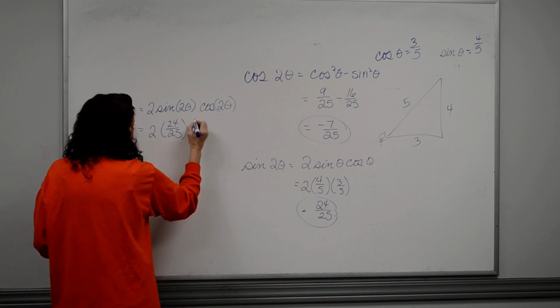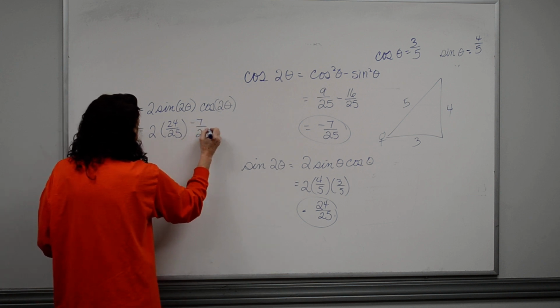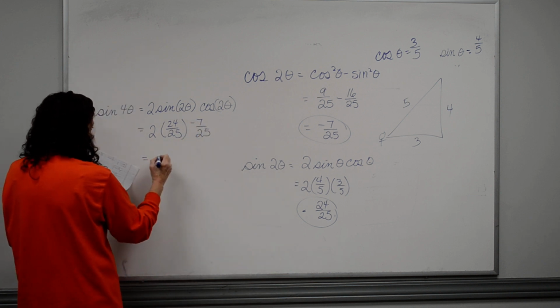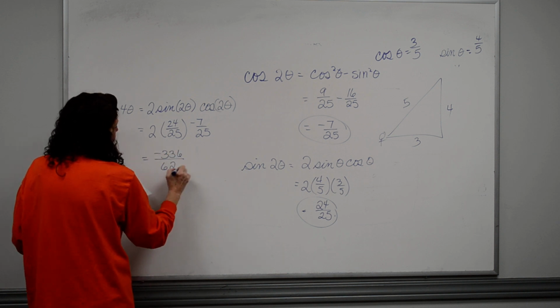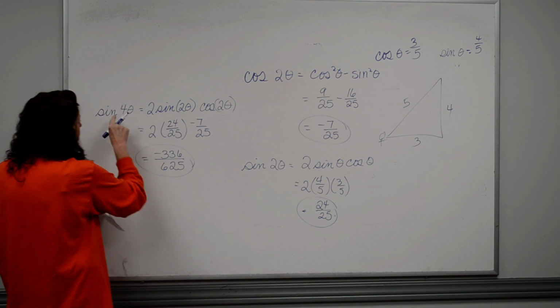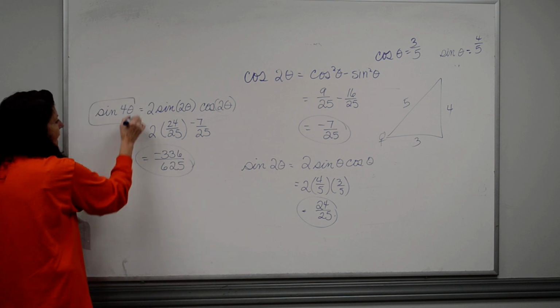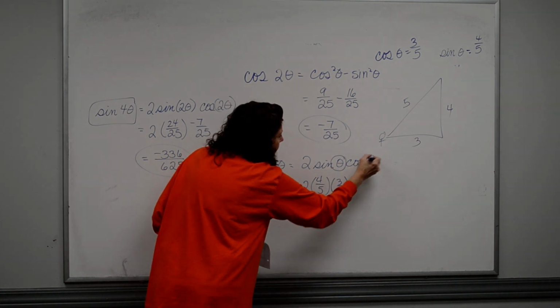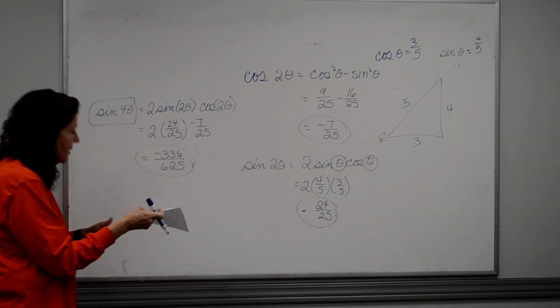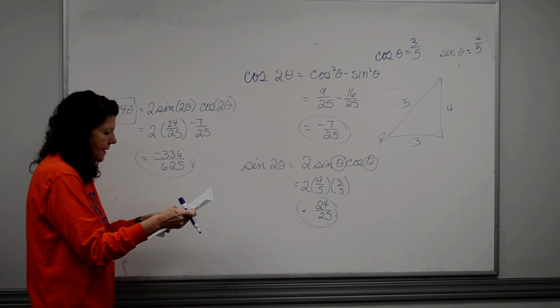The cosine of 2 theta is negative 7 over 25. You just multiply that all out, you get negative 336 over 625. So basically what you've done is exactly what you did here, except for here and here you substitute your 2 theta, because that's what your 4 theta is equal to.